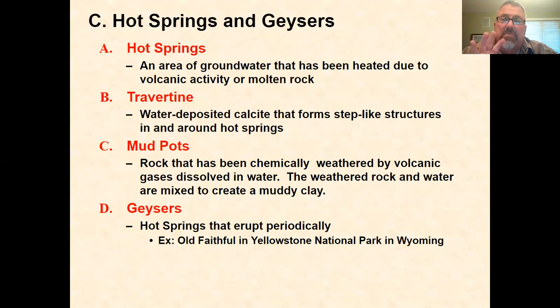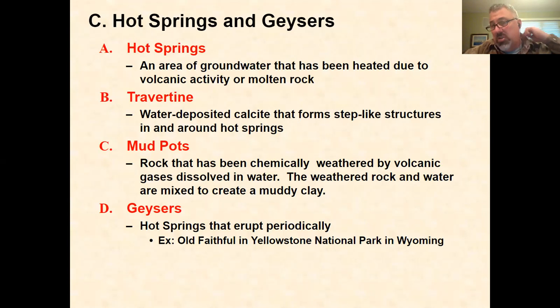It's thick, it's bubbly, and eventually those bubbles make it to the surface. And so a mud pot is no more than water and mud and clay all mixed together, very thick, very viscous, and it's bubbling. The gases are escaping. Now, geysers are a little bit different.